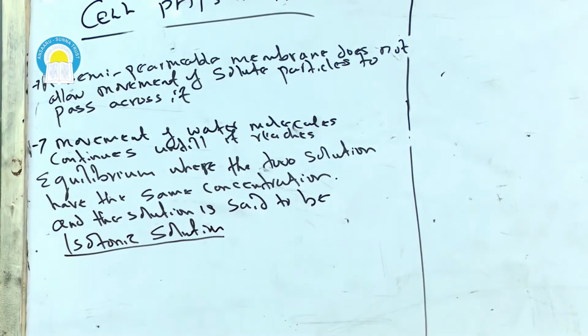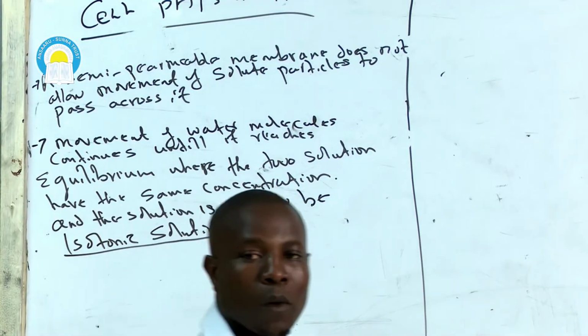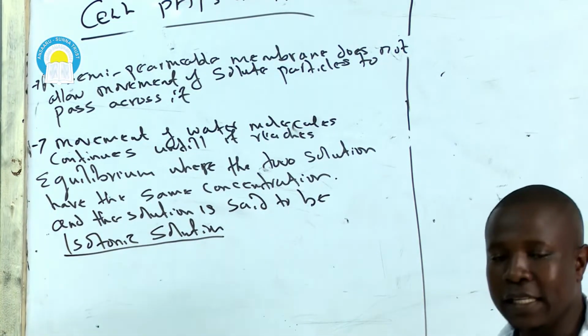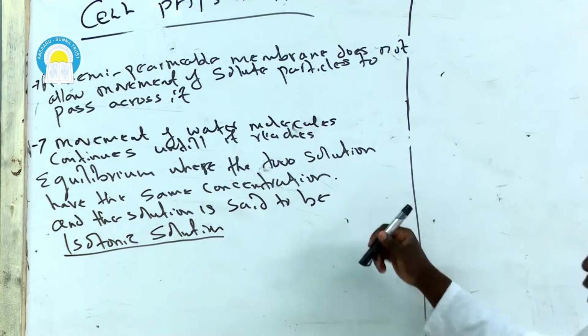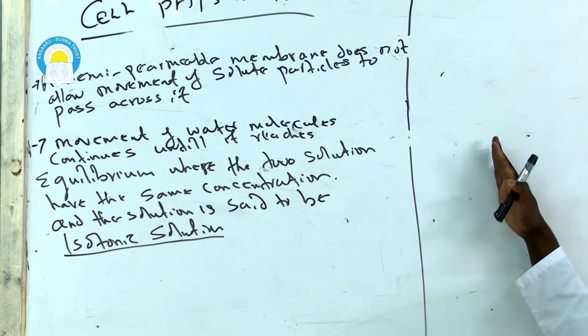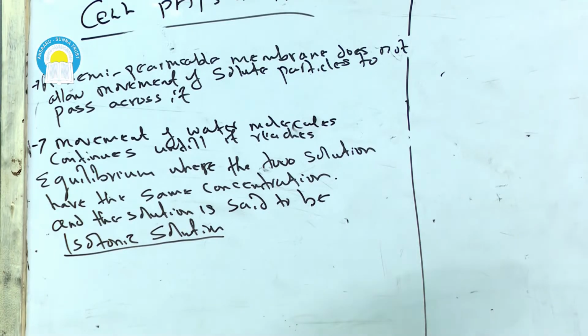Here means that when water that is highly concentrated, like when we place it in the beaker, the whisking tubing was highly concentrated, and in the beaker was what? Lowly concentrated, whereby in the beaker, the water was what? Hypotonic. That is distilled water. And in the whisking tubing, the solution was what? Sugary.